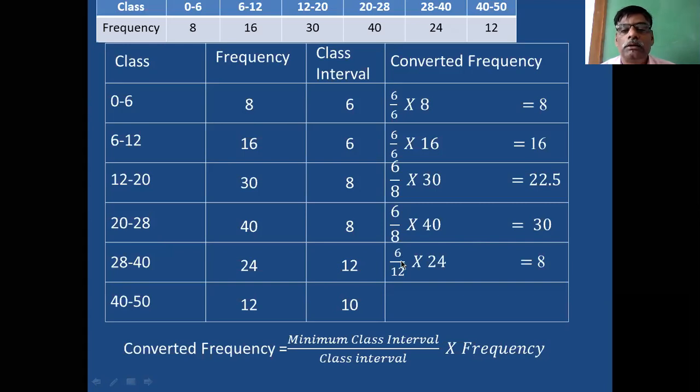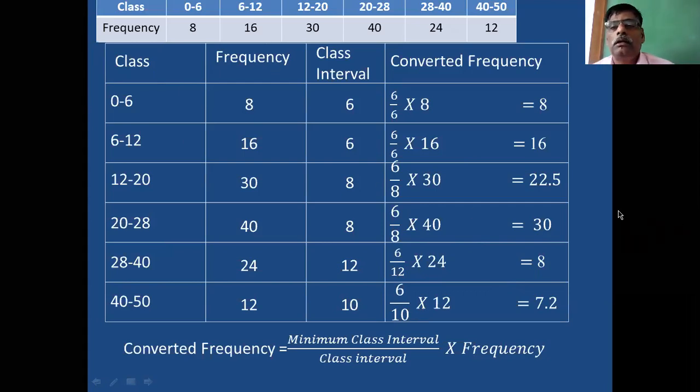Then next, minimum class interval 6, actual class interval 12 into 24 is equal to 12. Last, 6 is the minimum class interval. Actual class interval is 10 into frequency 12, which gives 7.2. In this way, you have to calculate the frequency. Then draw the graph based on the classes.